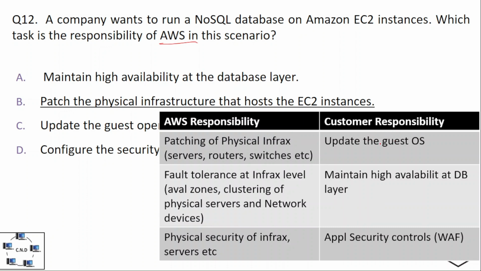While the customer responsibilities include the updating of the guest operating system, maintenance of high availability at the DB layer, and the application security controls such as web application firewall. Let's move forward to the next question.